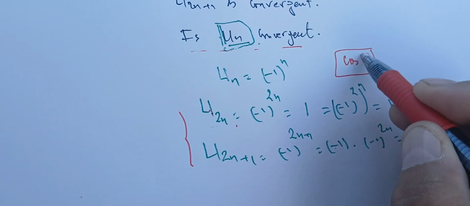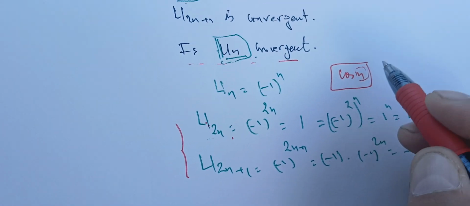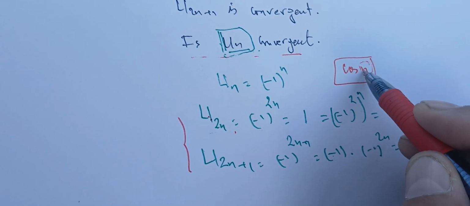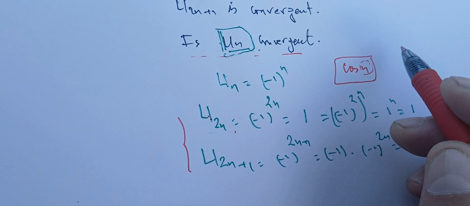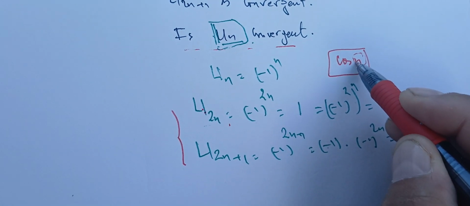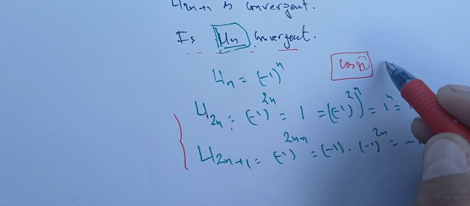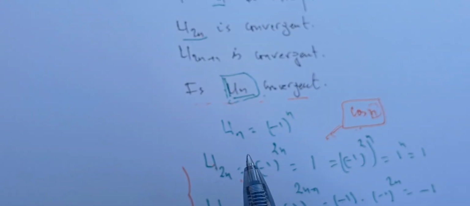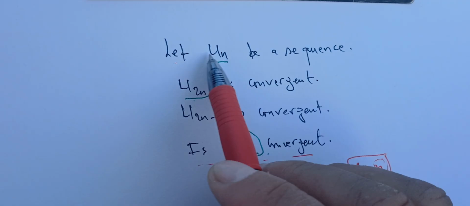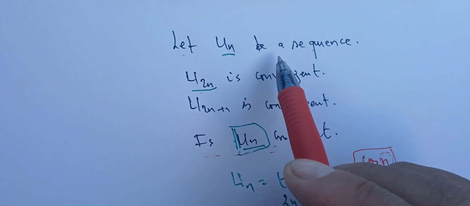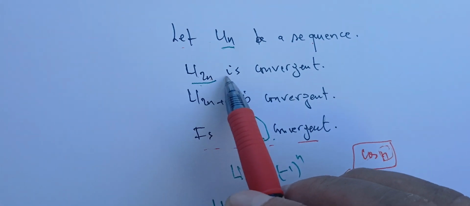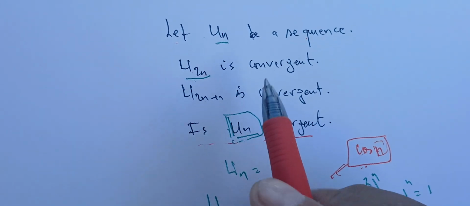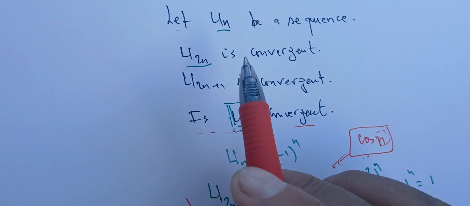We can construct this in such a manner that it will be 1 or -1, depending on the values of n, and the same thing here, we can get the even and odd values. So if we have a sequence such that u_2n is convergent and u_2n+1 is convergent, it doesn't mean that u_n is convergent.